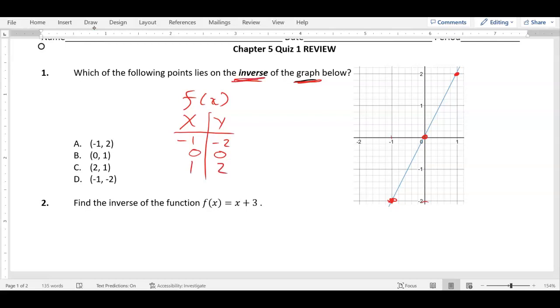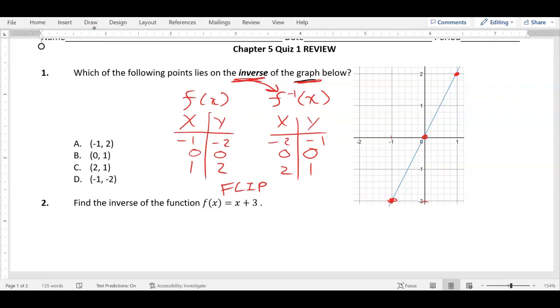So to get the inverse, f inverse of x, we're going to take the x and the y, and we're going to flip it. So instead of -1, -2, -2, -1. 0, 0 flips to 0, 0. 1, 2 becomes 2, 1.